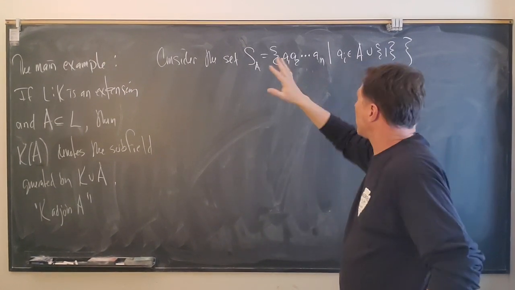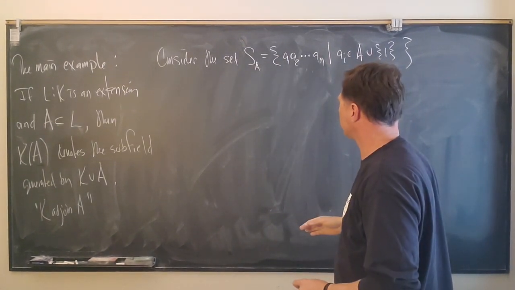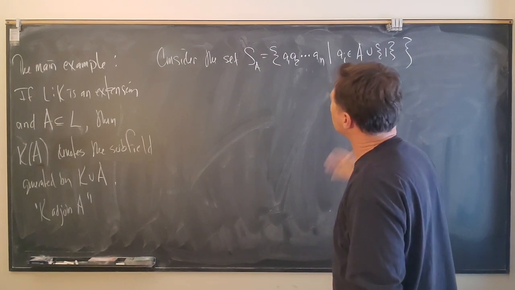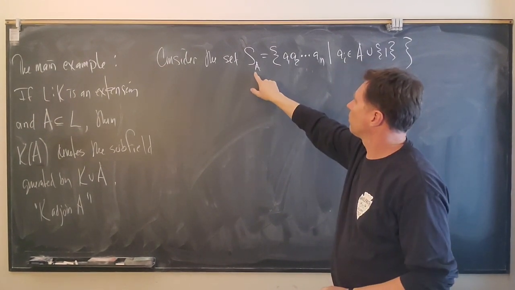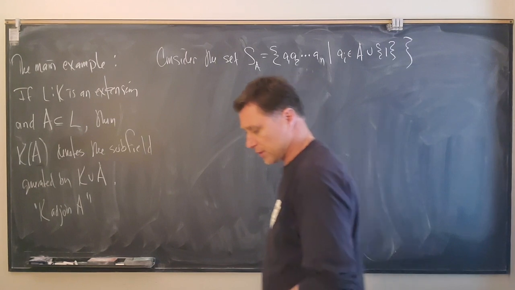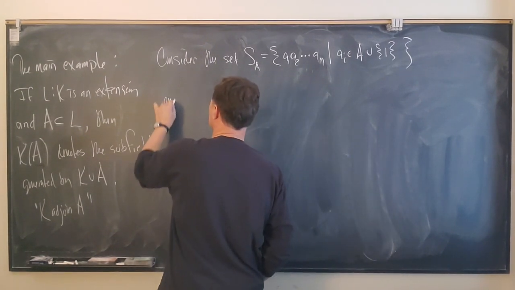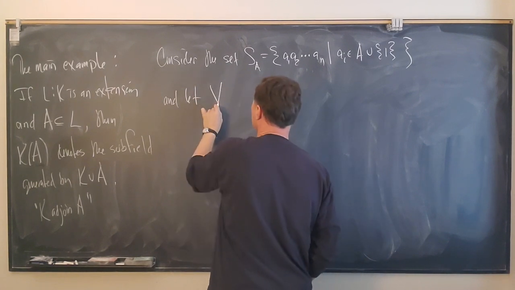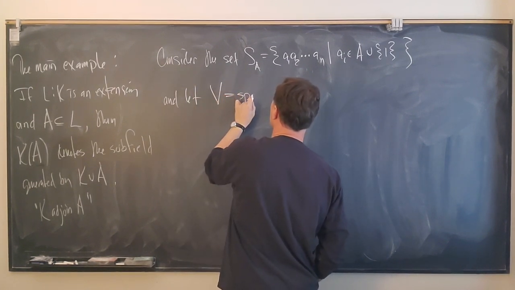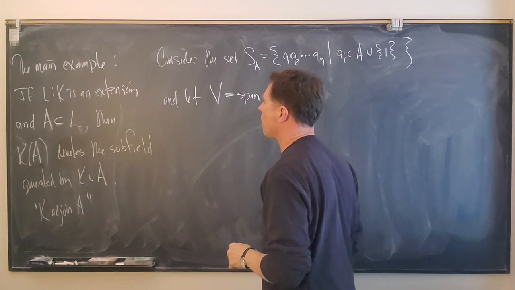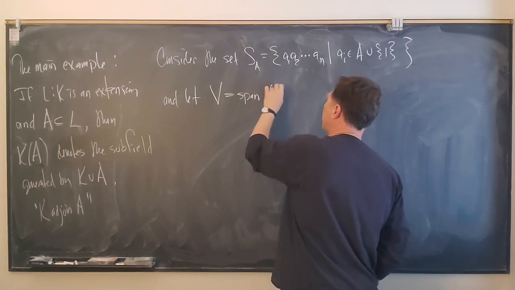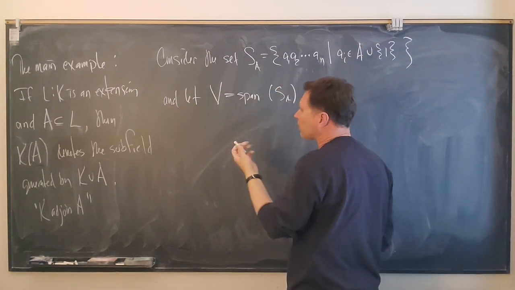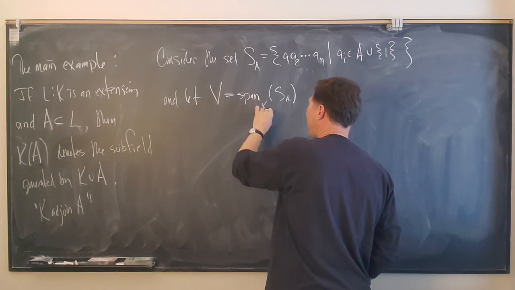Now, once we have this set, I can look at the span of this set right here. So let V be the span of the set S sub A, and let's be clear who I mean here. It's the K span.